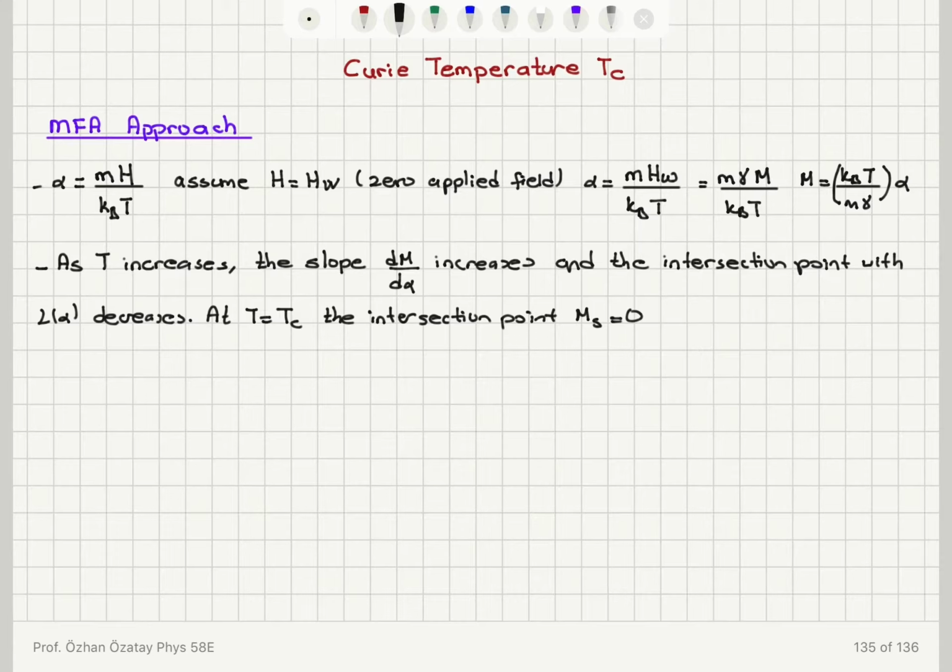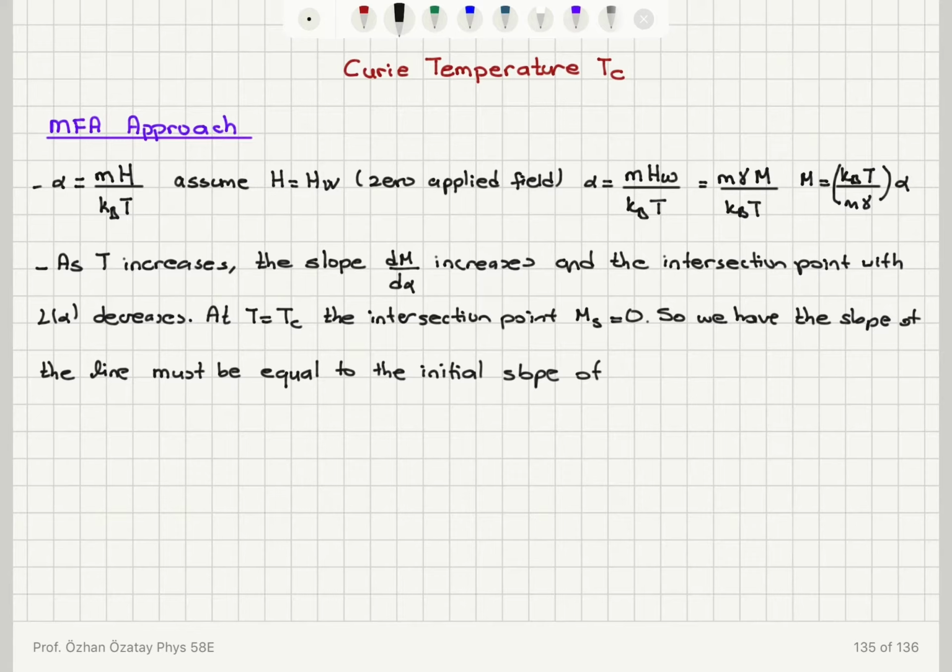So therefore at this point we have the slope of the line, that is dM d alpha, which is kT over m gamma, must be equal to the initial slope of the Langevin function. So that is dL d alpha.